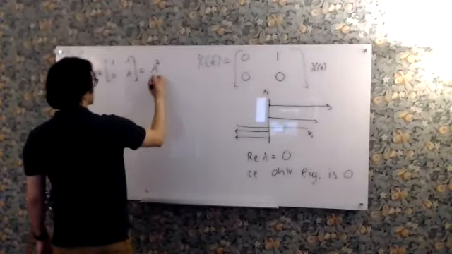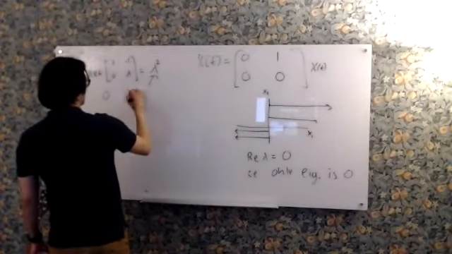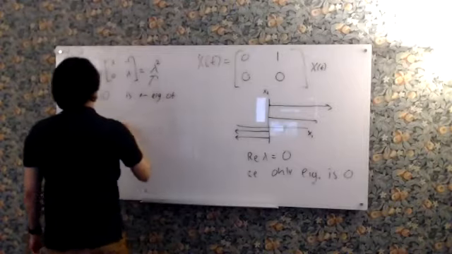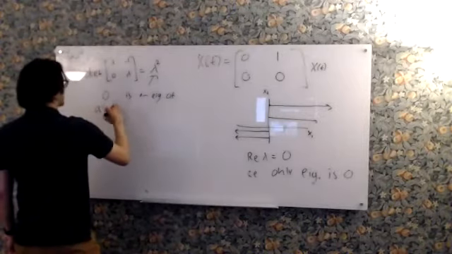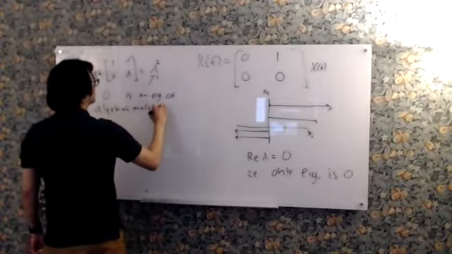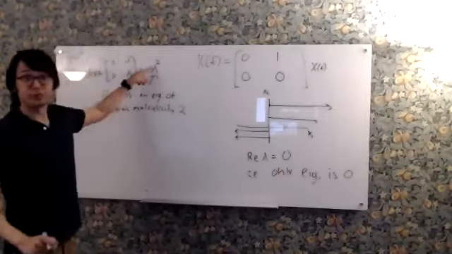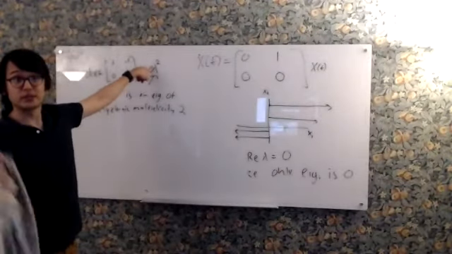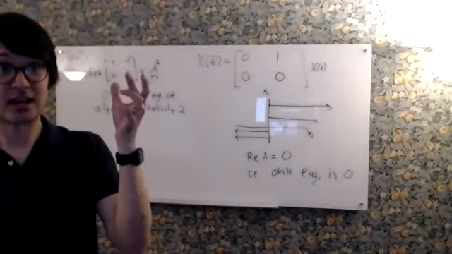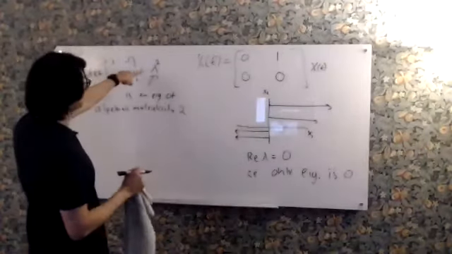And so 0 is an eigenvalue of algebraic multiplicity 2, because this is a repeated root of degree 2. That's what the algebraic multiplicity means. It's how many times the root is repeated when we look at this characteristic polynomial.